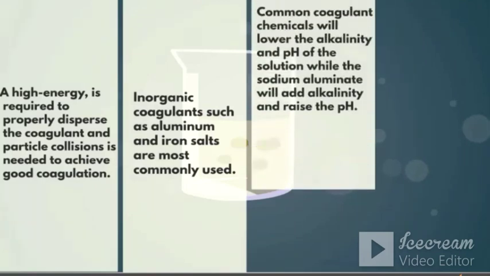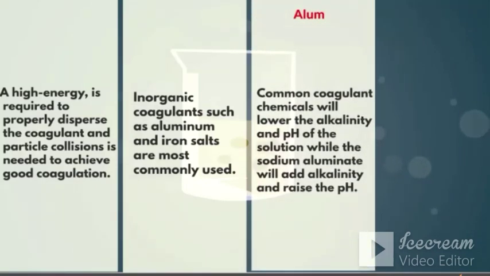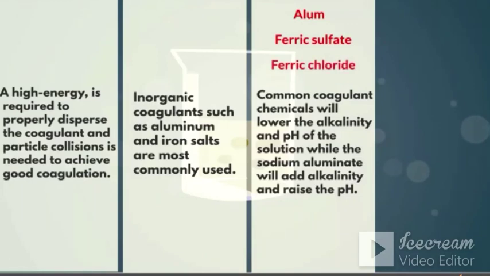Common coagulant chemicals used are alum, ferric sulfate, ferric chloride, ferrous sulfate, and sodium aluminate. The first four will lower the alkalinity and pH of the solution, while the sodium aluminate will add alkalinity and raise the pH.